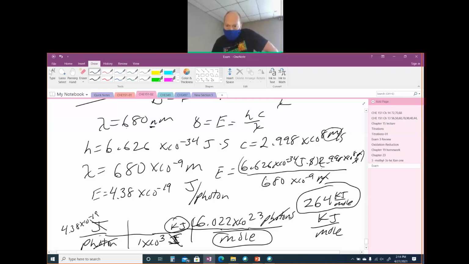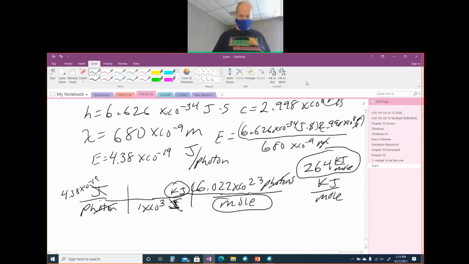I do know that those numbers are correct, and when you stick that in there, I'm not sure. All right, so your energy there is the energy of a photon, and it wanted it per mole, and so you had to use Avogadro's number, and the units you had were joules. You had to convert that into kilojoules.